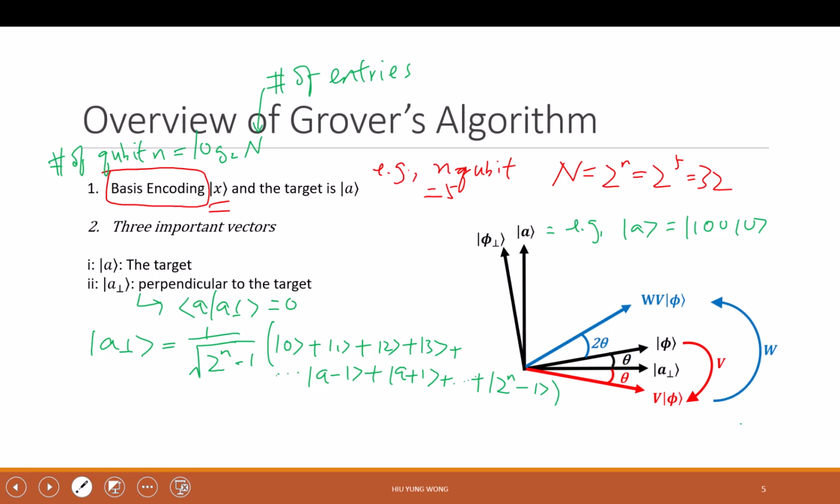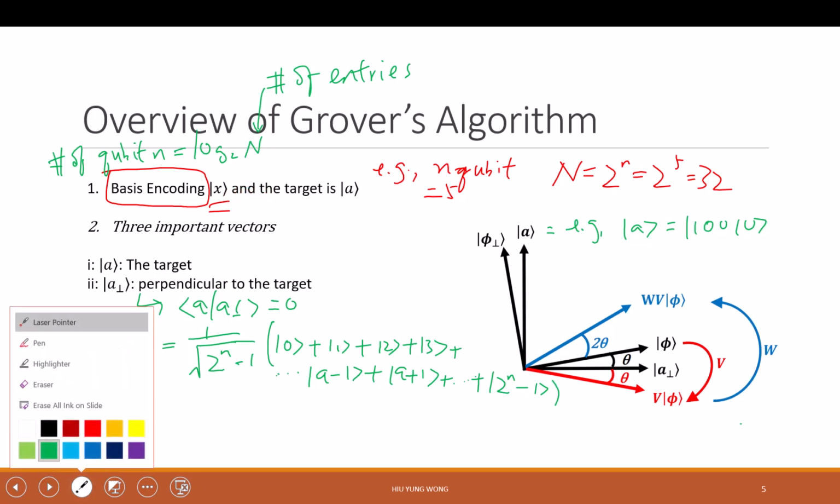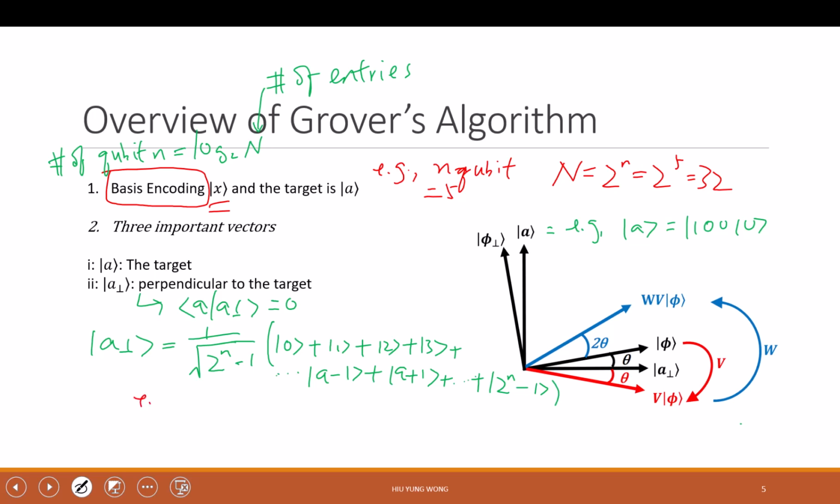For example, again, I have 5 qubits. If I have 5 qubits, then the values of the basis run from 0, 0, 0 all the way to, maybe I just write here, for example, if n equals 5, then capital N equals 2 to the power 5 equals 32.